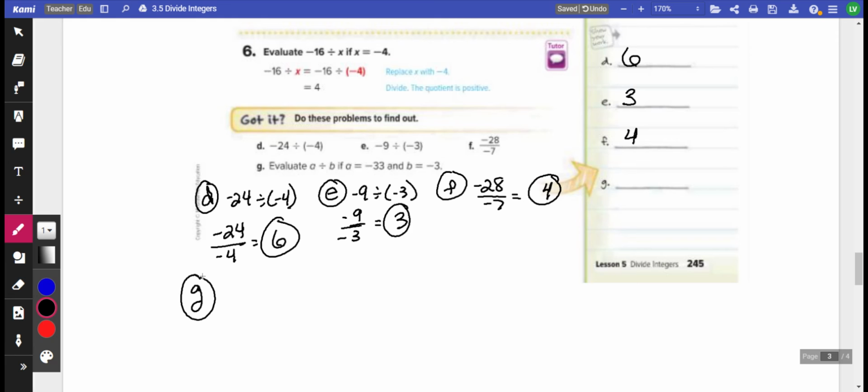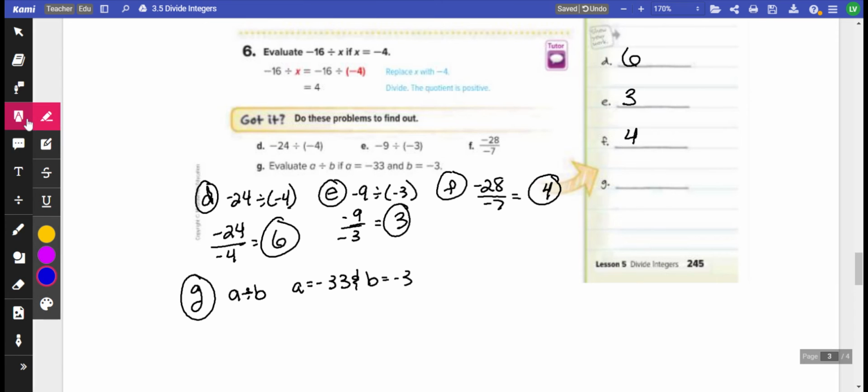Letter G. We're going to evaluate A divided by B if A equals negative 33 and B equals negative 3. So instead of writing A, I'm going to replace it with negative 33. And instead of B, I'm going to replace it with negative 3.